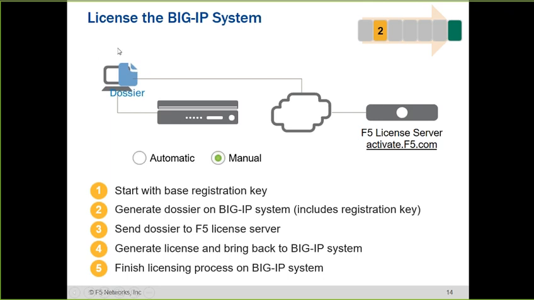Since the PC is able to go to the internet, through this workstation we will be able to register the dossier at the F5 licensing server, get the license onto our local machine, and from the local machine to the BIG-IP device. So this is the manual method. Here the dossier and the licensing part we have to do ourselves: generate the dossier and get the license.